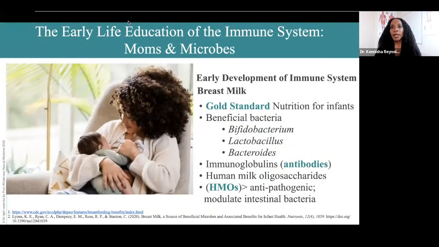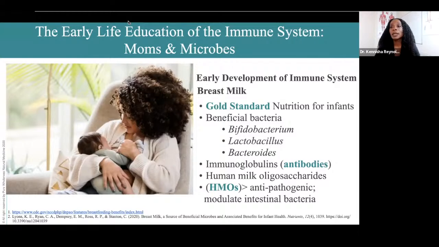Breast milk is another way that the immune system is developed, and it's the gold standard nutrition for infants. Breast milk contains very important beneficial bacteria, bifidobacterium, lactobacillus, bacteroides, and immunoglobulins, antibodies. This is part of the immune system.